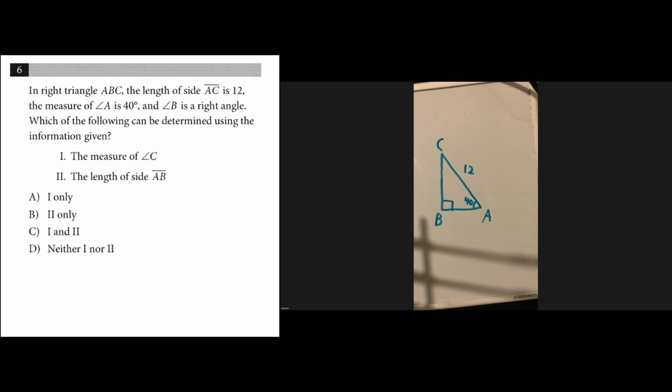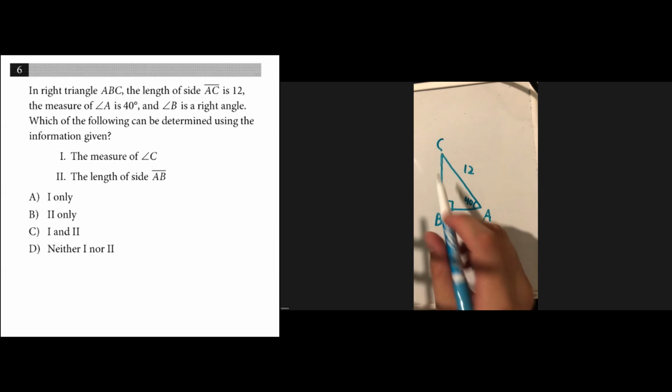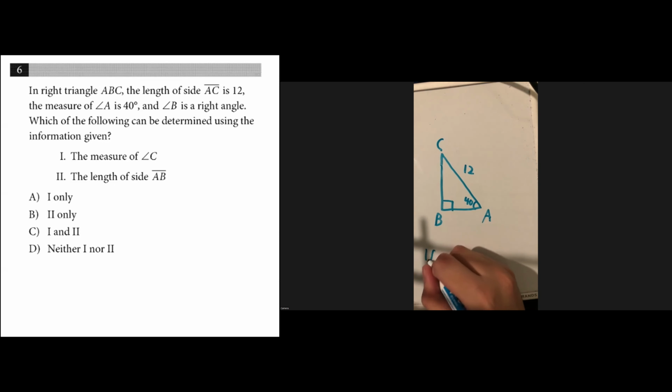Like I said in the last question, the angles have to add up to 180, and we know angle B is 90 and A is 40. So we have 90 plus 40 plus angle C. So we can figure out the measure of angle C. So 1 has to be true.